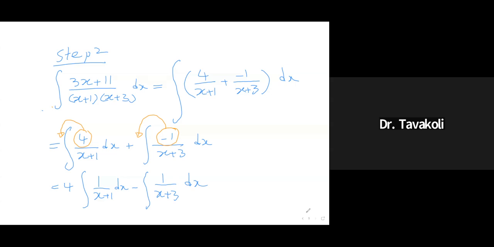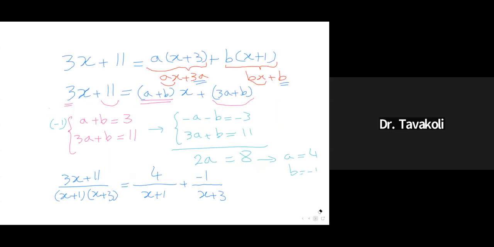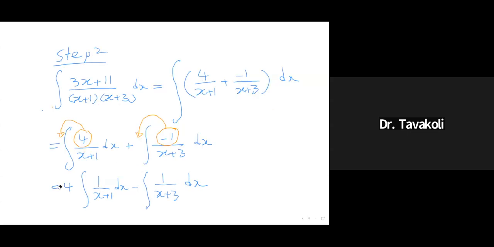Now it makes more sense. That's why I made this reminder that the integral of 1 over x plus k is ln of absolute value of x plus k. Let me go back to this problem. So the integral here is ln of absolute value of x plus 1.